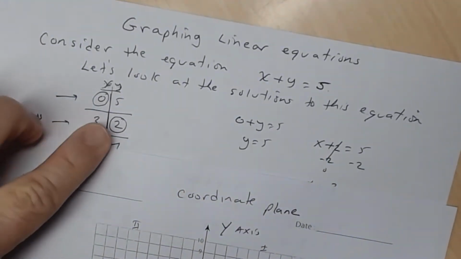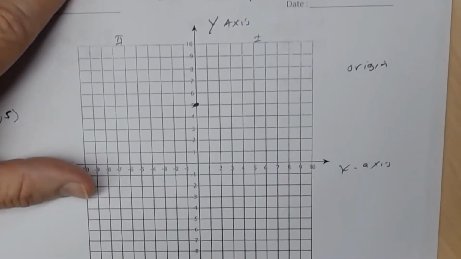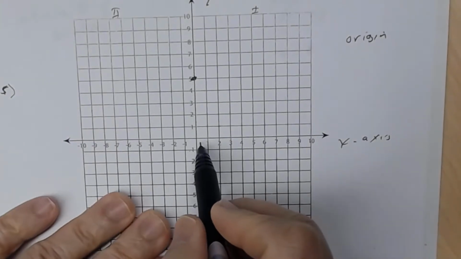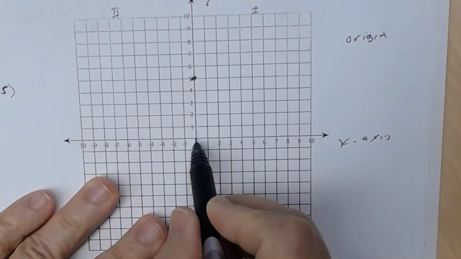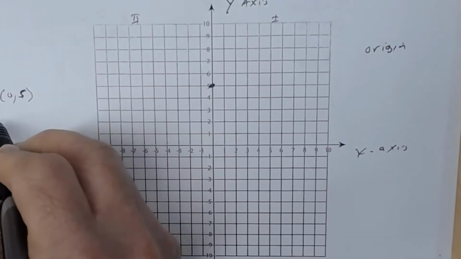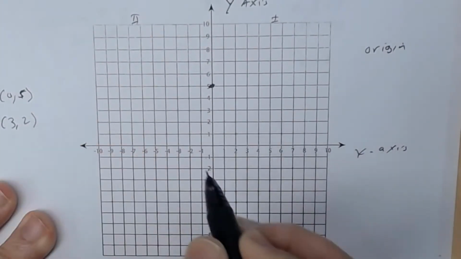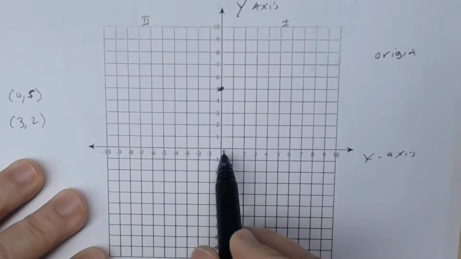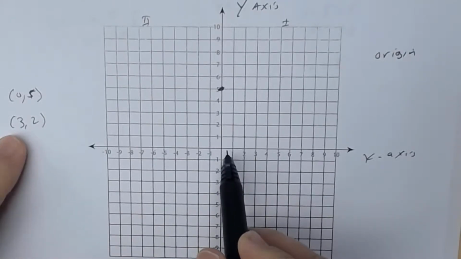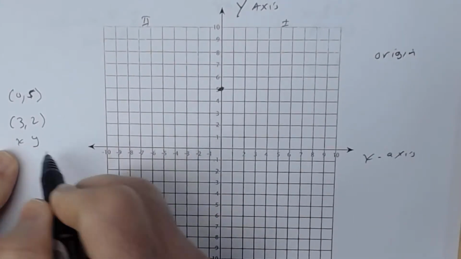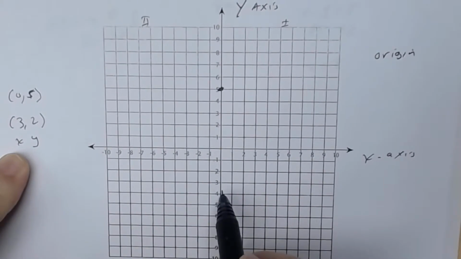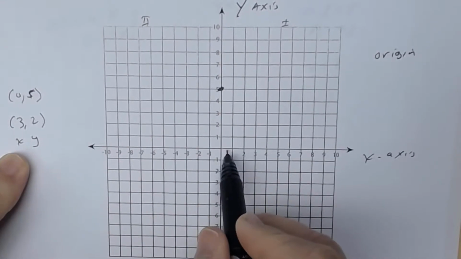All right, let's look at the other one. The other one was (3, 2). To plot the point (3, 2), always start at the origin. Remember, this is your x, this is your y. Since the x-coordinate is +3, I go to the right 3.